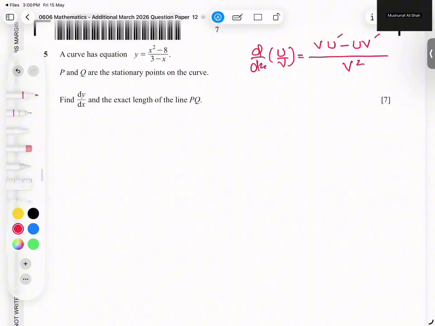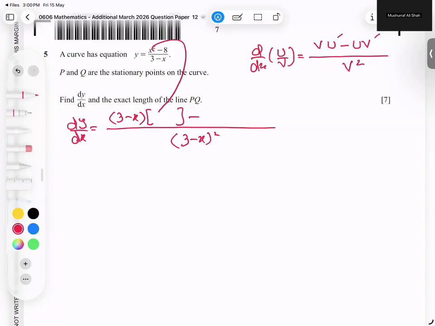So I'm starting: the square of the denominator, copied as it is, into the differentiation of the numerator. This is 2x and that's 0, so I got 2x minus 0. Then x to the power 2 minus 8 copied, and this derivative is very clear, 0 minus 1.